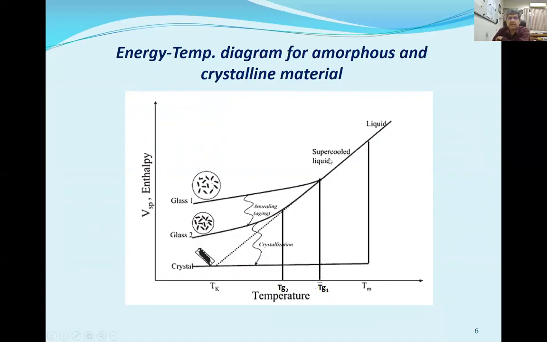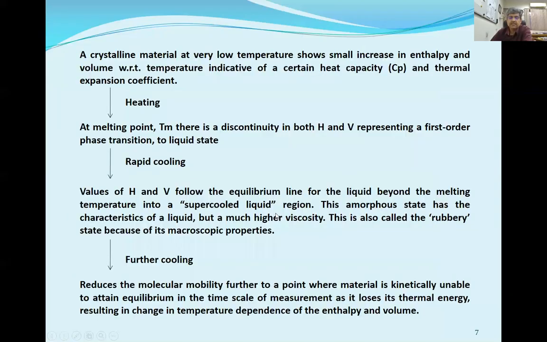So from the supercooled liquid state, it has now entered into the glassy state, which is one type of the amorphous state. Now, why are we showing glass 1 and glass 2 here? Depending upon the rate of cooling, this deviation from the equilibrium line can take place at variable temperatures. Sometimes it may take place at a higher temperature, while in other cases you will have to cool further to enter into the glassy state.